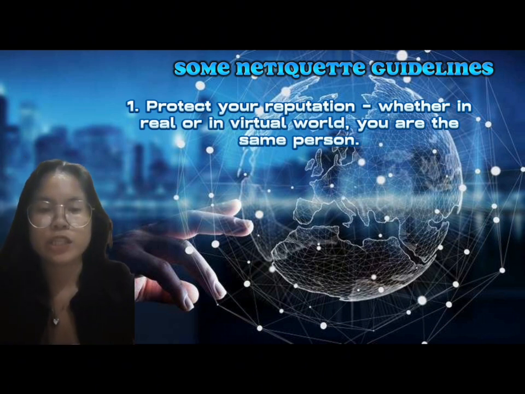Being the same person across these realms means upholding your values, morals, and integrity. It's crucial to act in a manner that aligns with your principles, refraining from actions or sharing information that could damage your character or integrity. Essentially, your behavior and the information you share should reflect the best aspects of yourself, preserving your positive image and credibility.